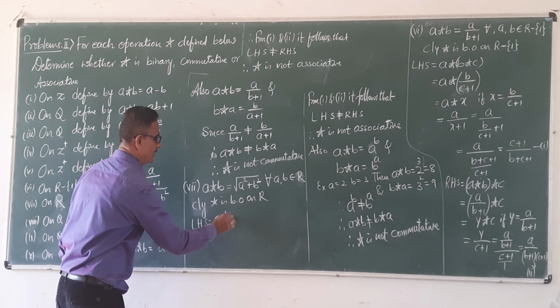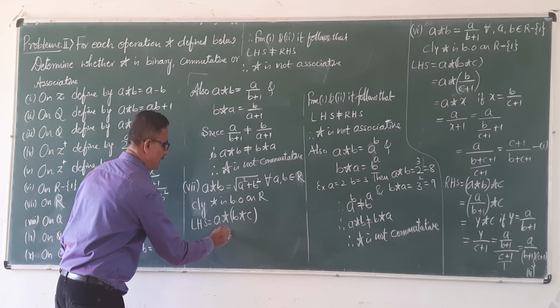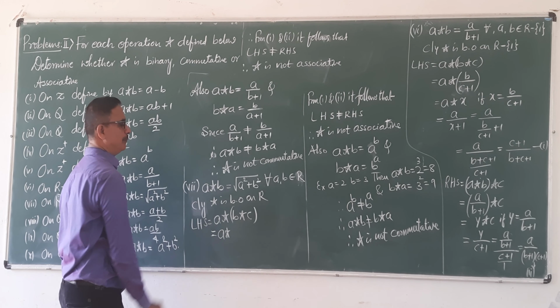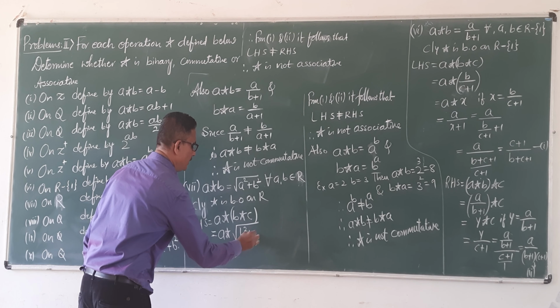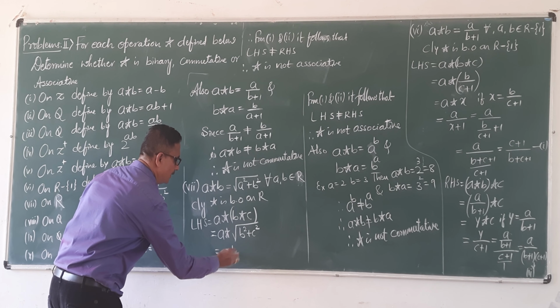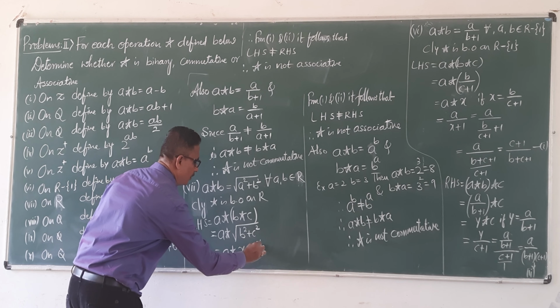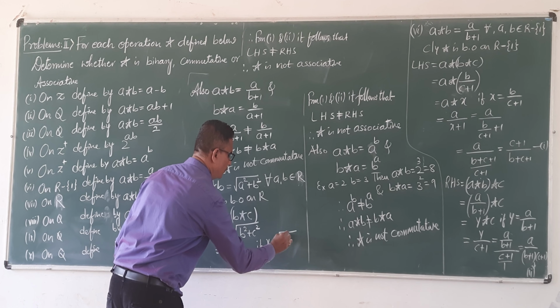LHS: A star of B star C is equal to A star, and B star C is root of B square plus C square. That is A star root of B square plus C square; call it X, where X is equal to root of B square plus C square. Now A star B is equal to root of A square plus B square.